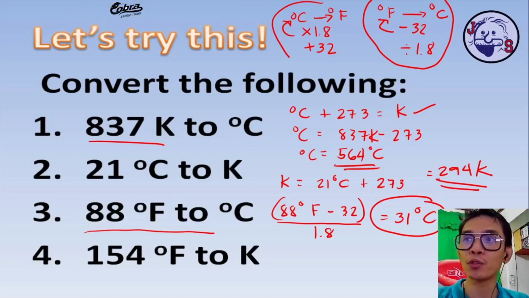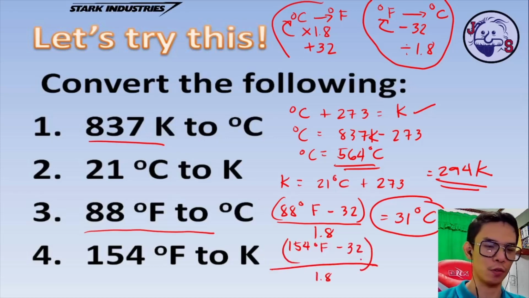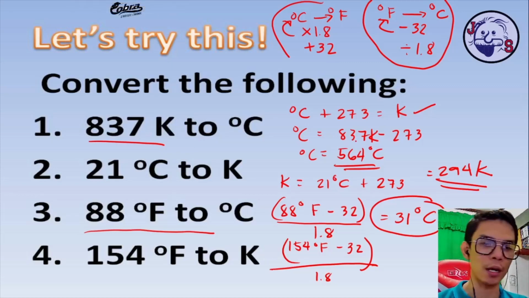Again, we are going to use this formula. 154 degrees Fahrenheit minus 32, divided by 1.8. 154 minus 32 is 122. 122 over 1.8 is 67.77.